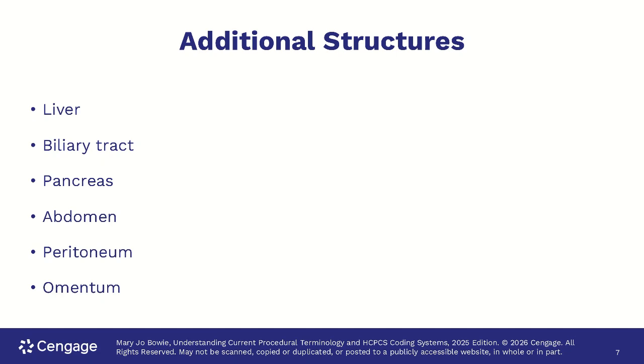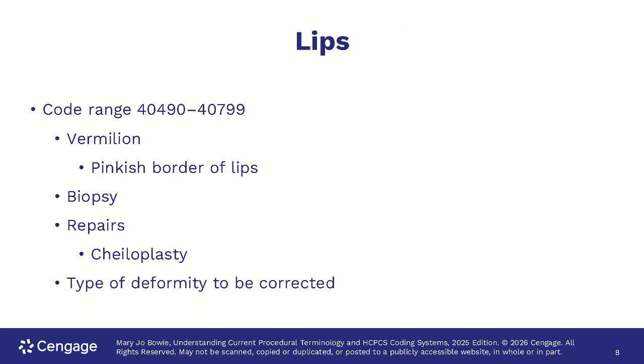But with the digestive system, you have additional structures. I guess they call them accessory structures, I'm not an anatomy teacher. So liver, biliary tract, pancreas, abdomen, peritoneum, and the omentum are additional structures that are coded over here.